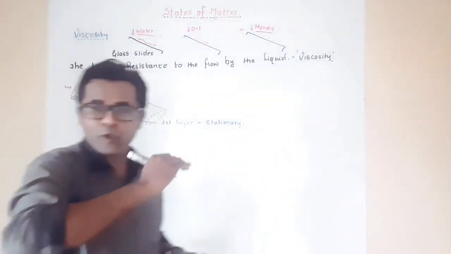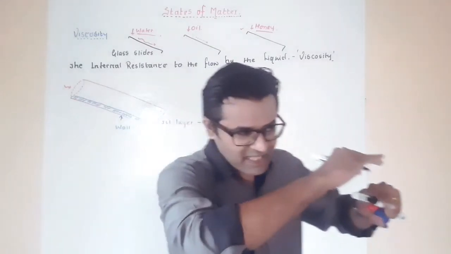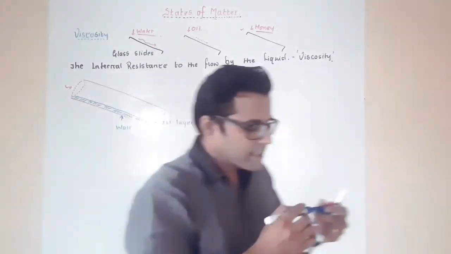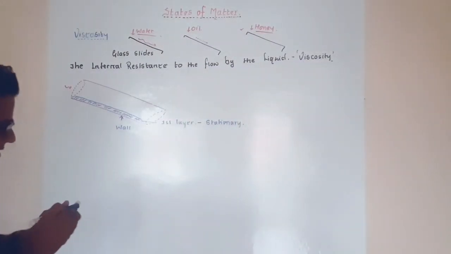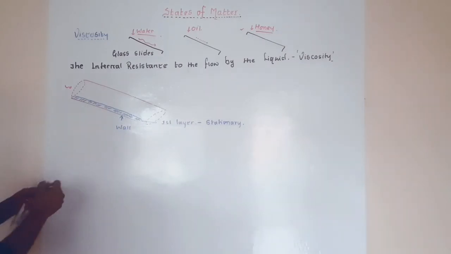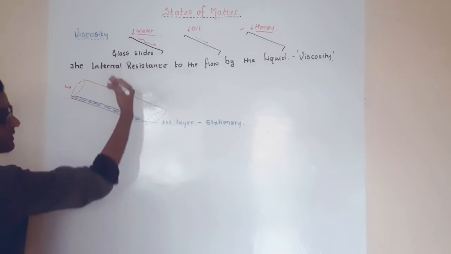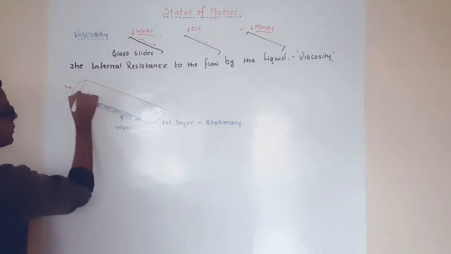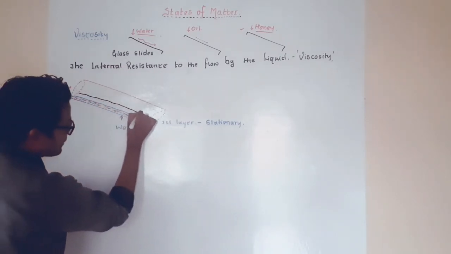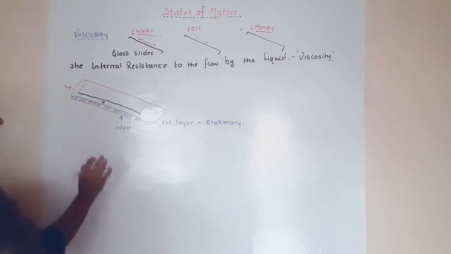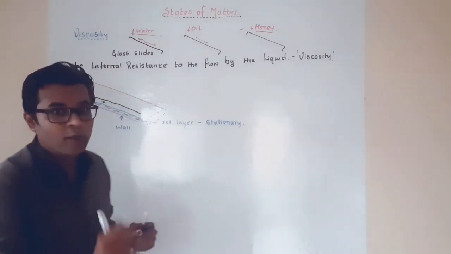That means it is not going to flow. Okay, it remains stationary there. But as we go on the top, let's consider this as the second layer of the same liquid. When it's flowing, it's generating several layers. So when the second layer comes over here, this layer flows with a certain amount of velocity.